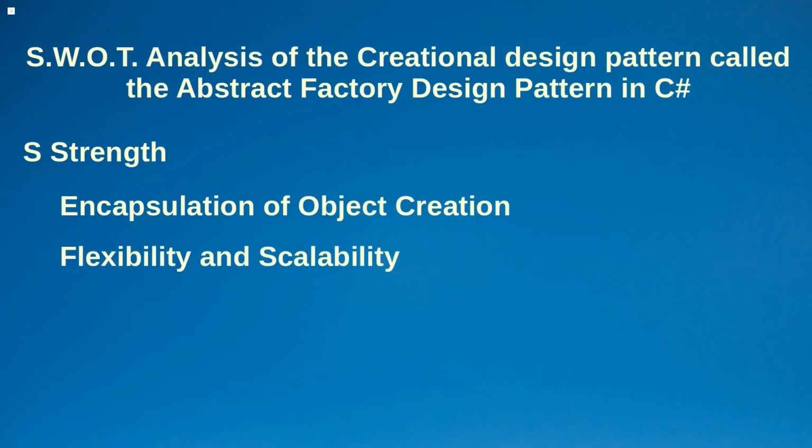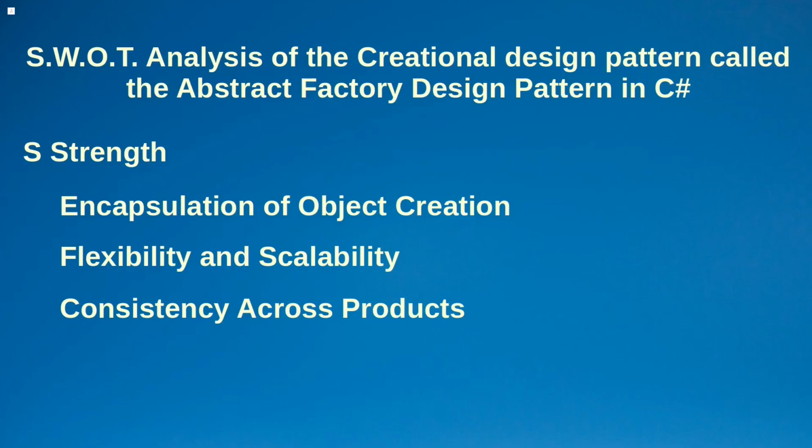The pattern makes it easy to introduce new product families or switch between them without altering the client code. This is particularly beneficial in large systems where the object creation process is complex and subject to frequent changes.